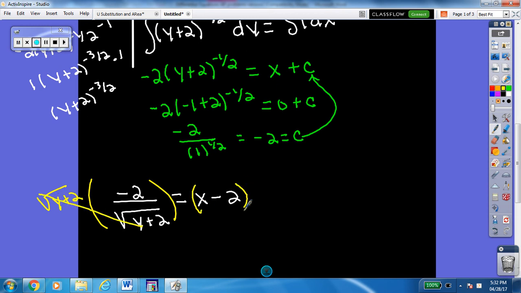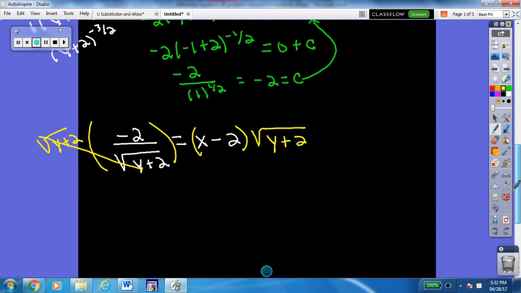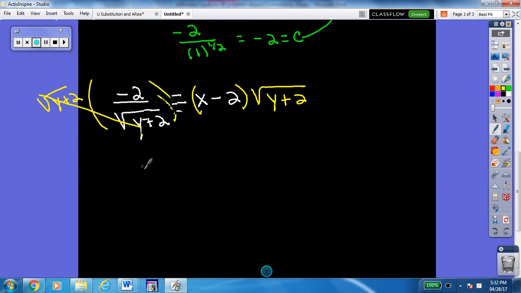This is a binomial, so you've got to put those parentheses. I now have on the left side negative 2 equals x minus 2 times the square root of y plus 2. And this is where, again, students always struggle with solving for y.